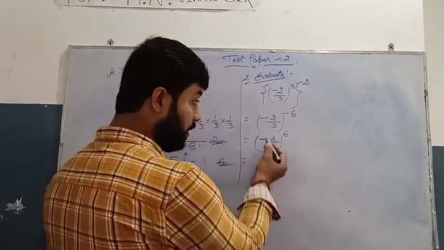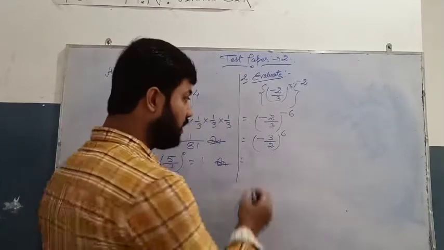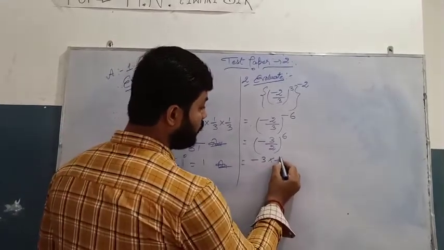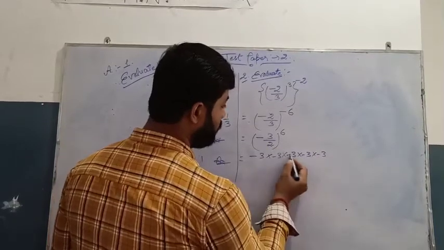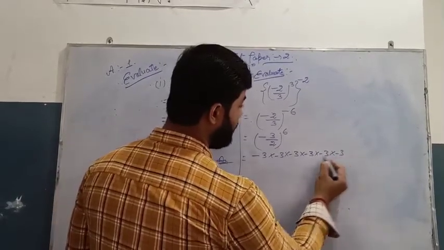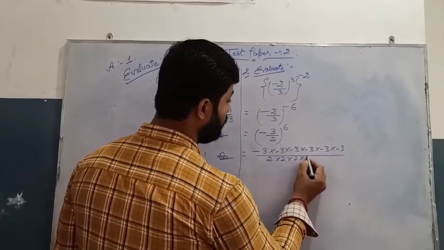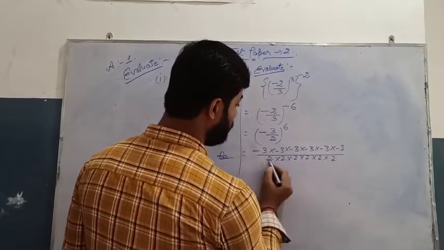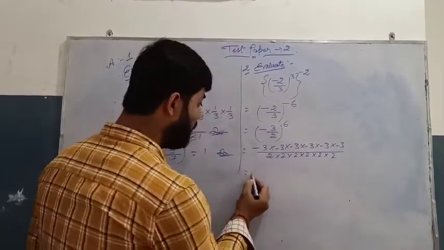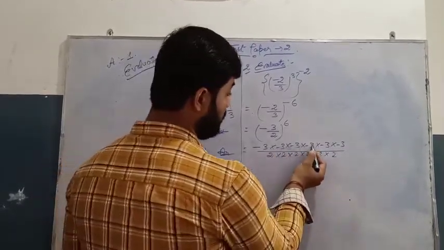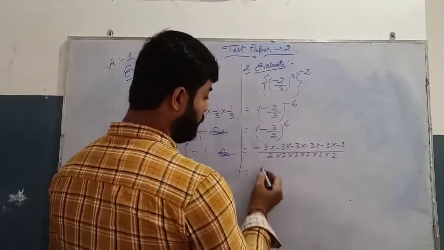Now minus 3 by 2 is to be multiplied 6 times by itself. Now minus 3 into minus 3 into minus 3 into minus 3 into minus 3 into minus 3, that is 6 times. Now 2 into 2 into 2 into 2 into 2 into 2, 6 times. Now we will multiply. 3 3s are 9, 3 9s are 27, 3 27s are 81, 3 81s are 243, 3 243s are 729.